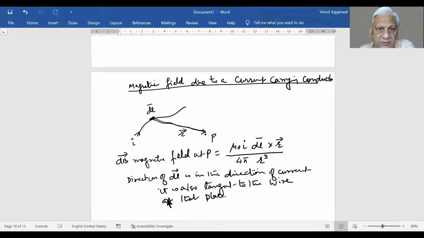For example, if magnified, if this were the conductor, and if we were to take dl at this point, then we will take a tangent. So we yet don't know what is the direction of dl. The direction of dl is given by the direction of current. If this is the direction of current, this will be the direction of dl.